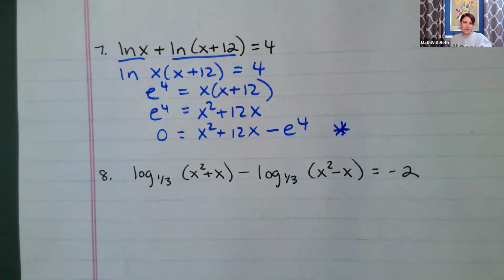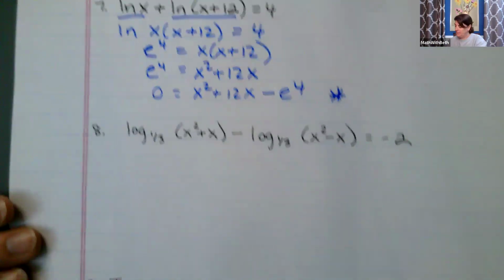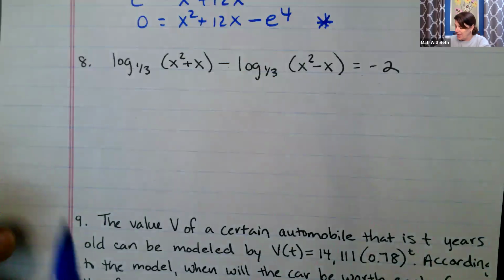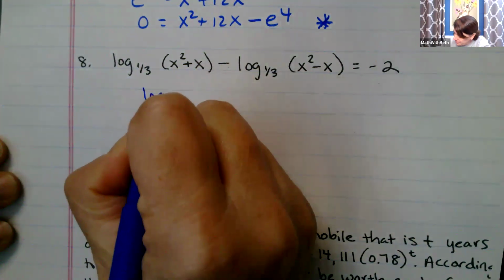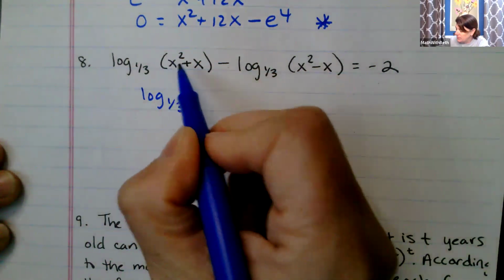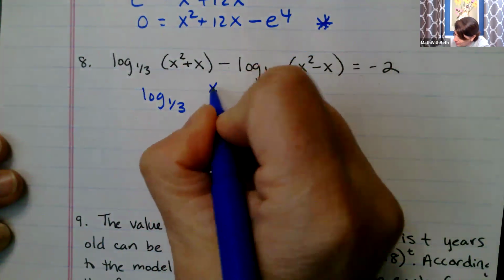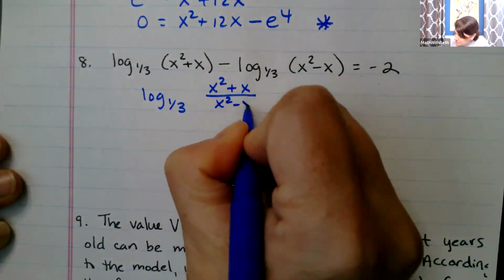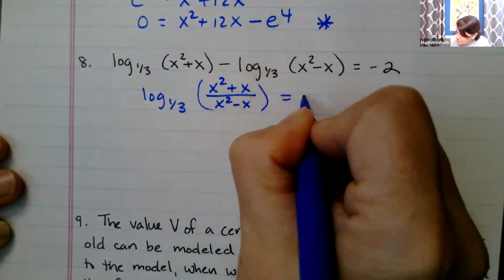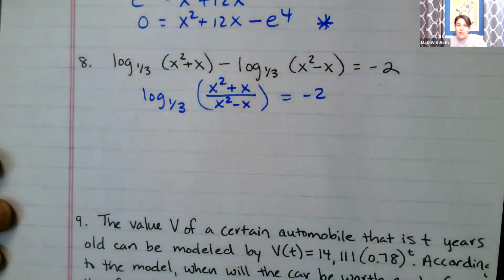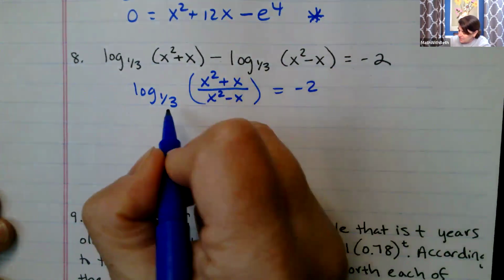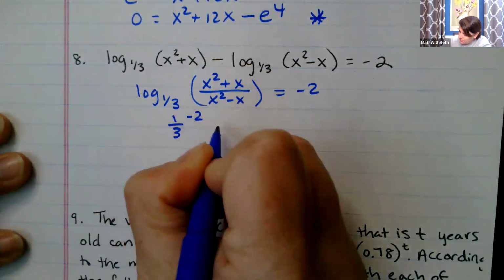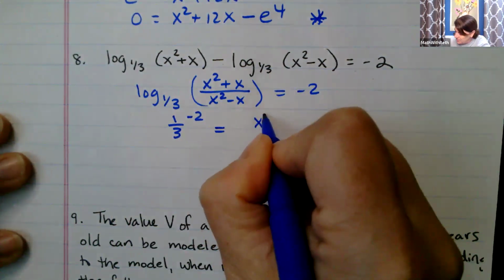Okay. So 8, same idea. Let's at least get it started. So the 2 logs can go together as 1 log. Since the 2 logs were being subtracted, it would be 1 log with division. I'm now allowed to rewrite this as 1/3 to the negative 2 equaling all this.